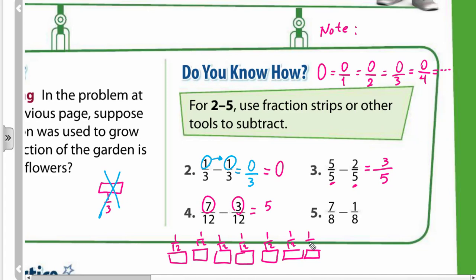We will cancel 3. 1, 2, 3. The remaining will be what? 4 over 12. Excellent. 4/12ths. Thank you, my hero. Good work.